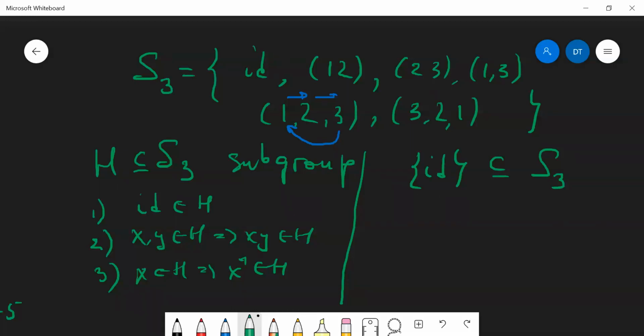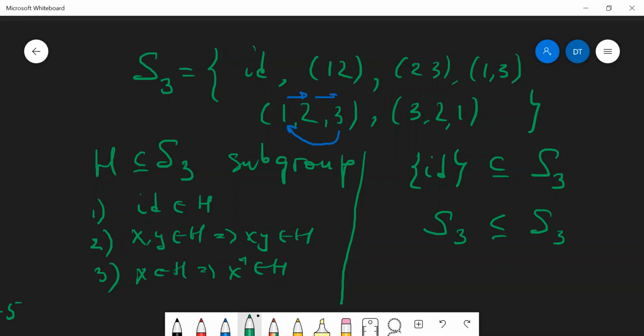So this is an example of a subgroup. There is another trivial subgroup, which is the whole set. This is the largest possible subgroup in S3. These 2 examples work for any group. So let's try to find other subgroups.